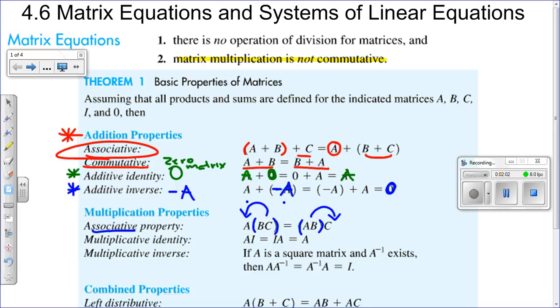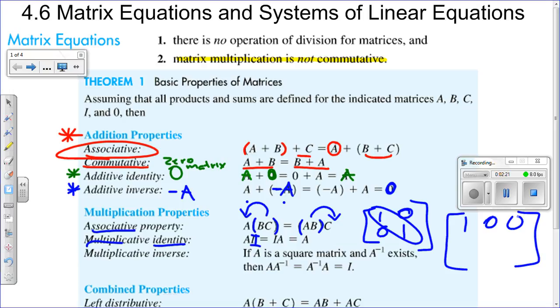The multiplicative identity in this case is the identity matrix, the one that will look like this with zeros and ones, with ones across the main diagonal. This is the main diagonal right here. So that's the identity for a 2 by 2. This will be the identity for a 3 by 3. If you multiply a matrix times its identity, you get the same matrix.